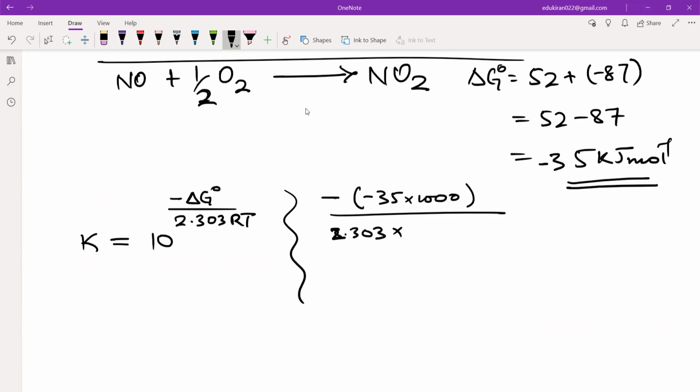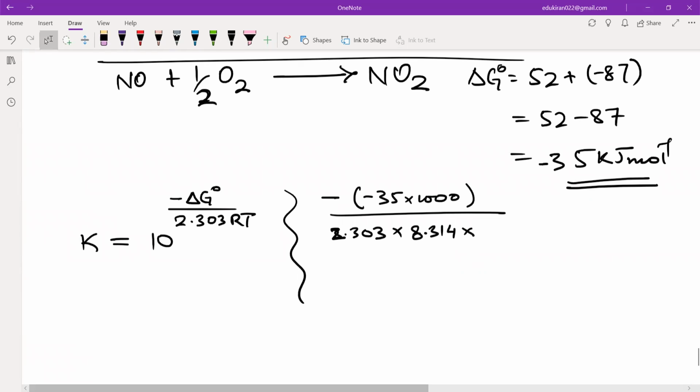In terms of joules, what is the value of R? अच्छा नहीं याद है आप लोगों को. It is 8.314 joules per Kelvin per mole, into temperature.